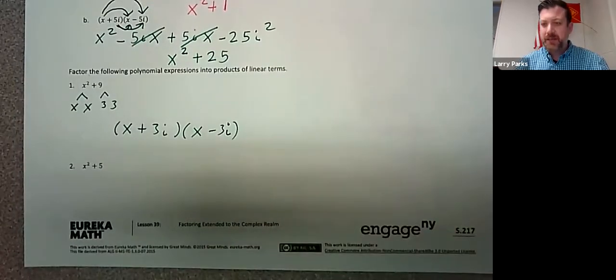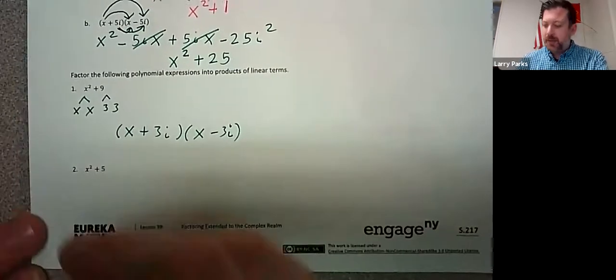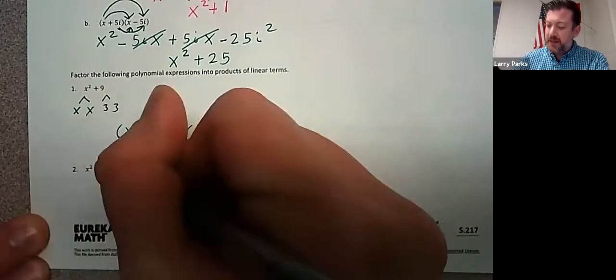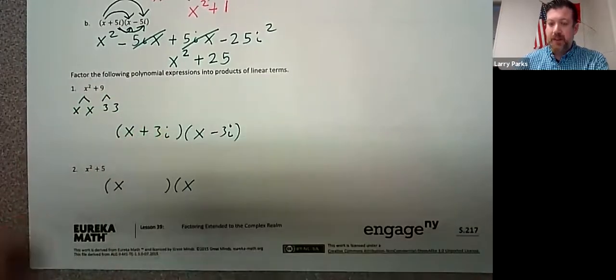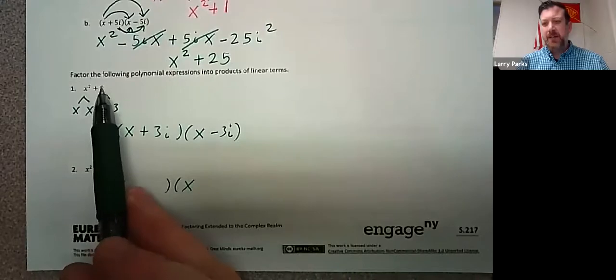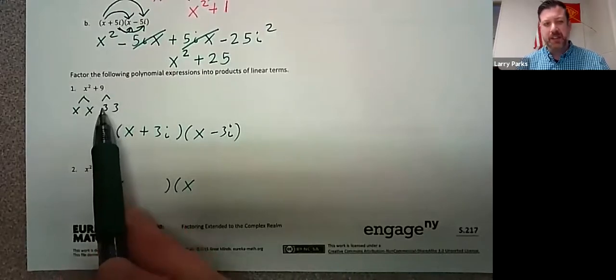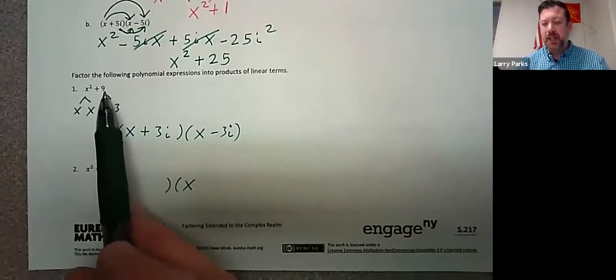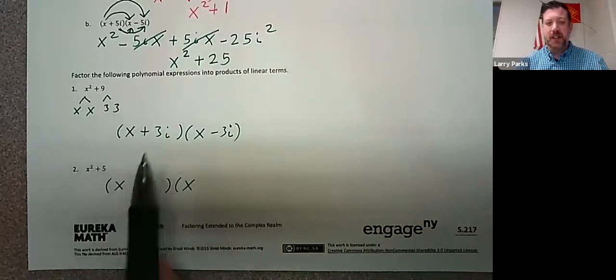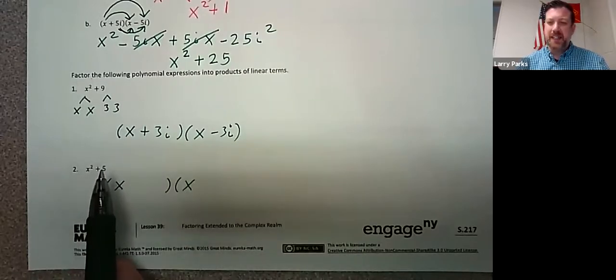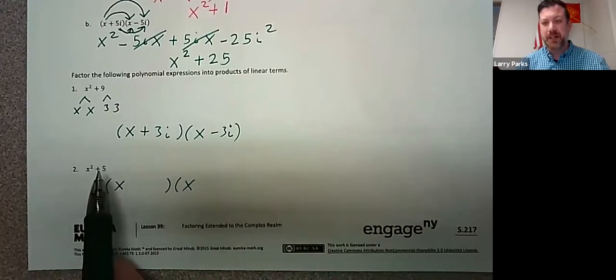x squared plus 5. I would take the x squared and make that x and x. Now, 9 was easy. 9 was a perfect square. It's 3 times 3. You try to break it into the same number twice. But 5 is not a perfect square. It's a rectangle. The only thing you can do is 5 times 1. So the trick there, anytime you can't use a square, is you just use the square root, because square root of 5 times square root of 5 is 5.